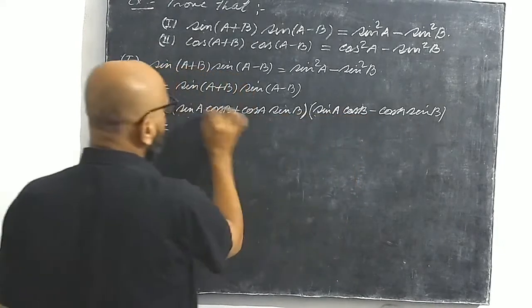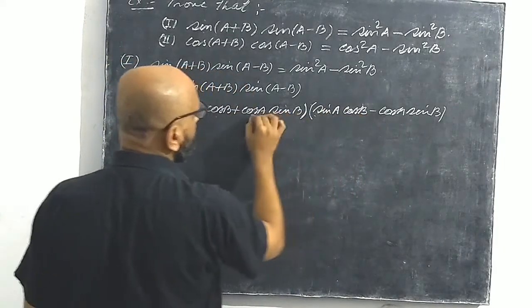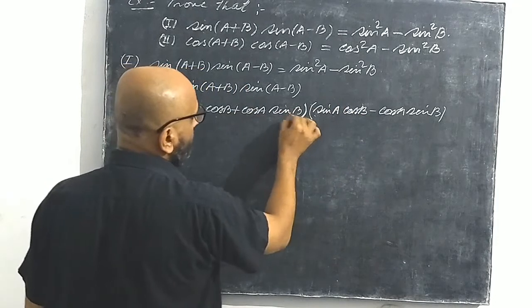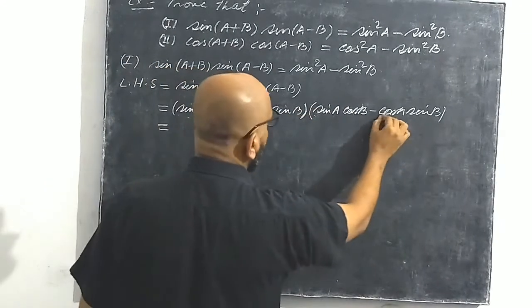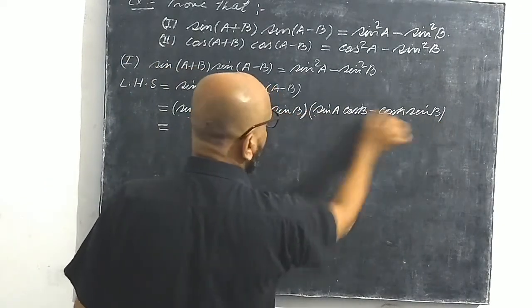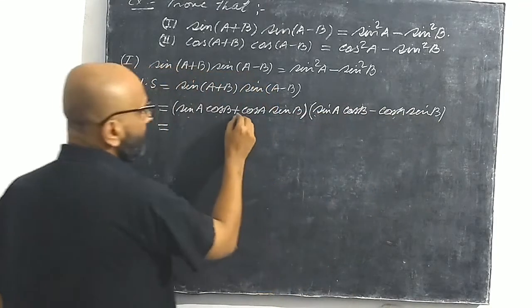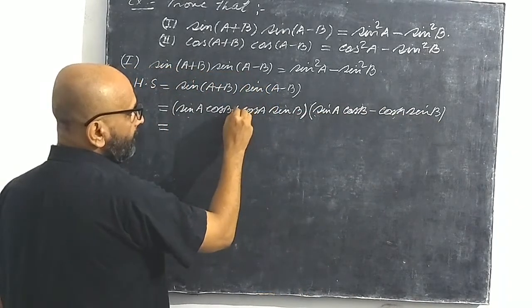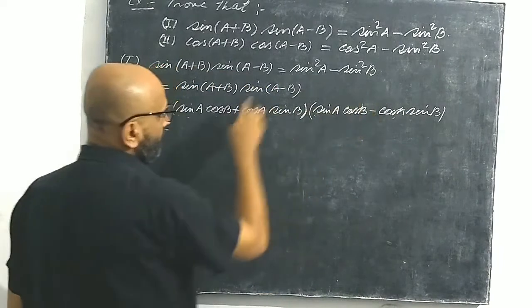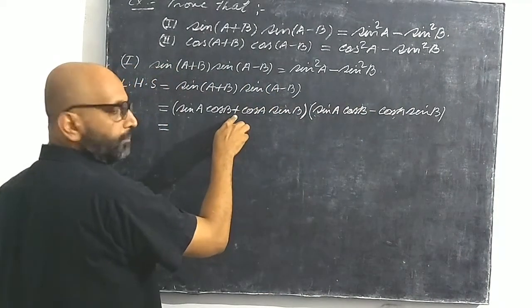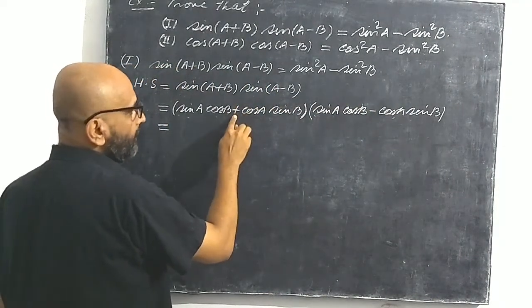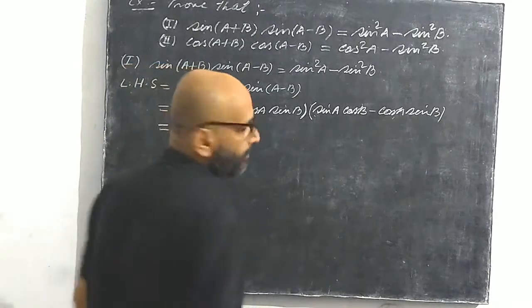The second terms are also identical, cos A sin B. But the difference is that there is minus in place of plus. So in the first bracket there is plus sign and in the second one there is minus sign.